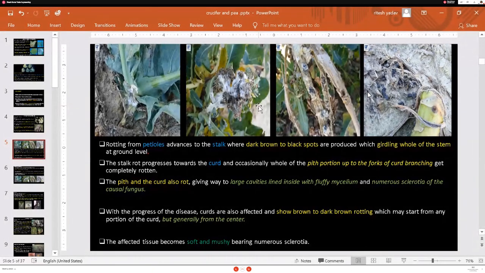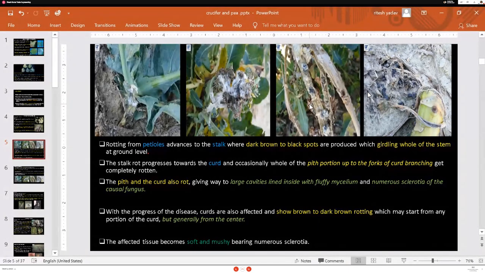When there is a deficit of humidity, or conditions are not humid, they will immediately start forming black colored sclerotia. These sclerotia may be found hanging on different plant parts or embedded in the fluffy mycelium.